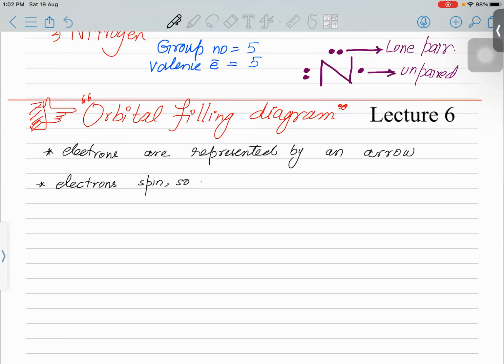So it may be clockwise or anti-clockwise.